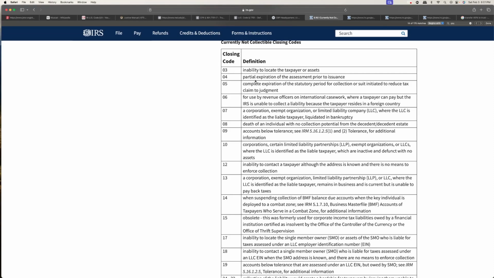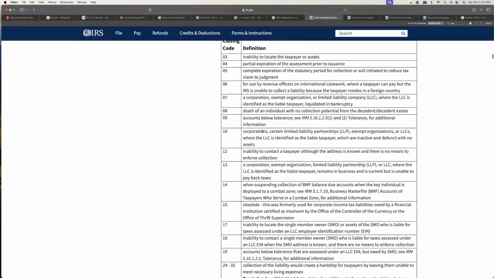We have partial expiration of the assessment prior to issuance, complete expiration of the statutory period for collection or suit initiated to reduce tax claim to judgment. We scroll down here.